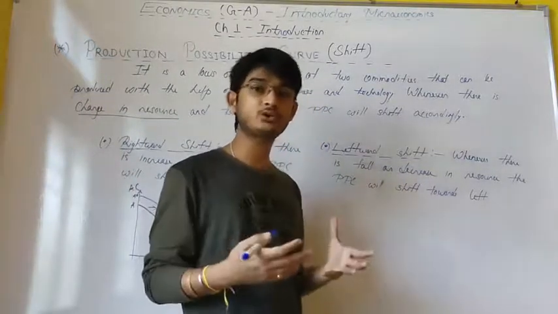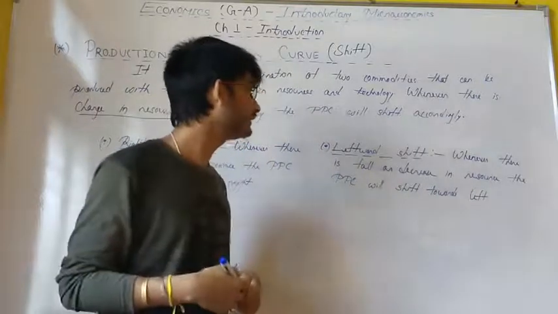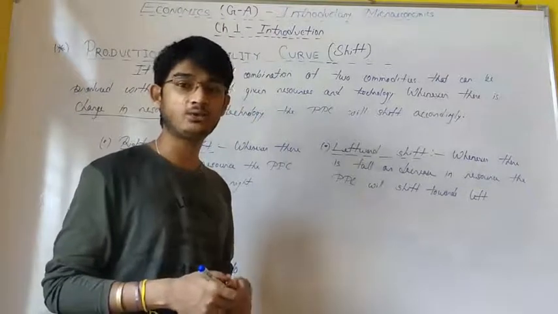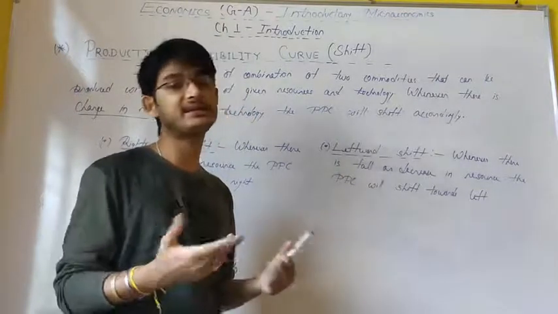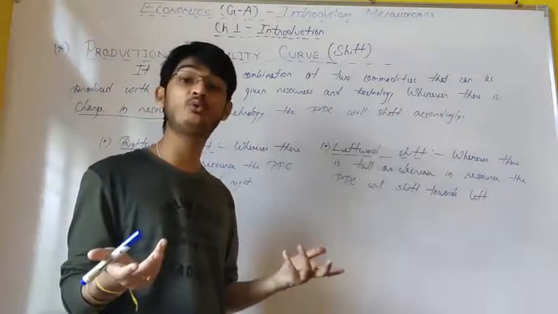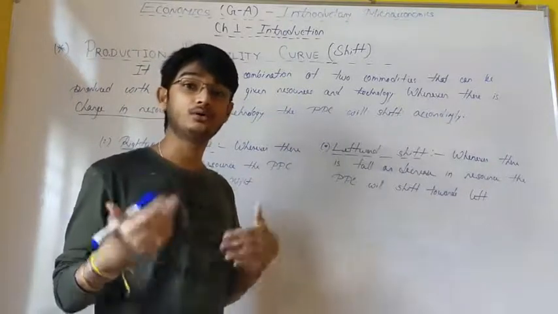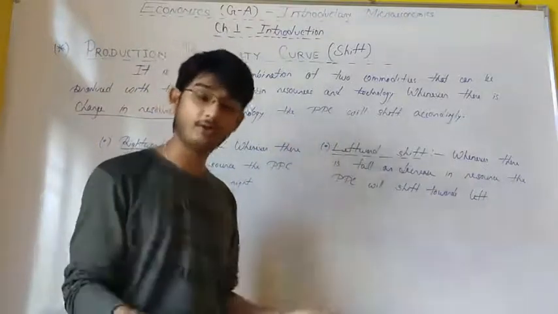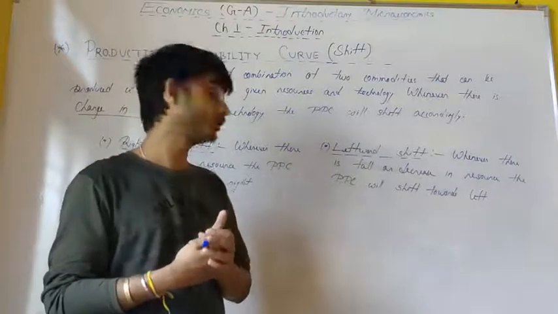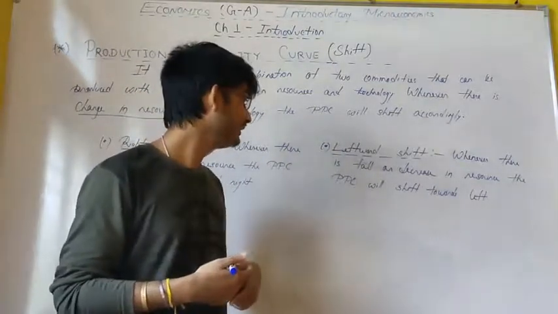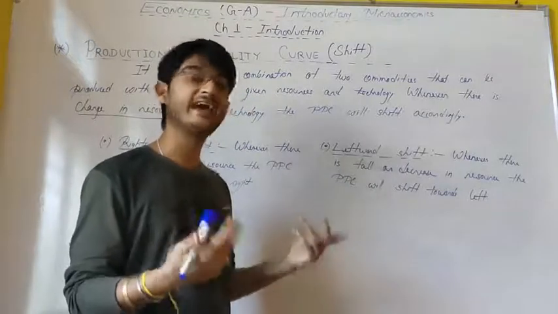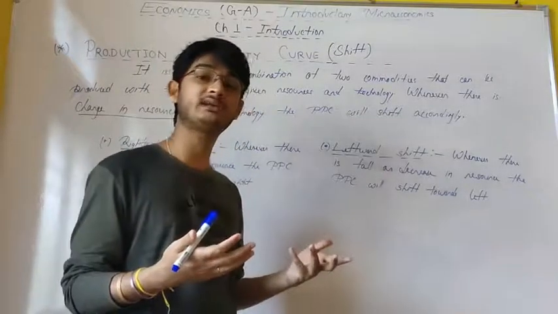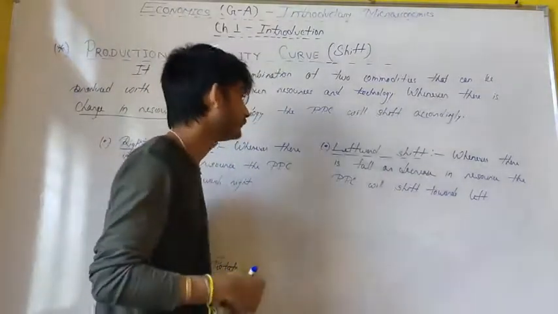As there is falling resource, we definitely cannot produce the same way as we were producing. Now the production will fall because there are fallen resources as well as falling technology. So this will lead to less production, and finally the initial production possibility curve will shift leftwards.